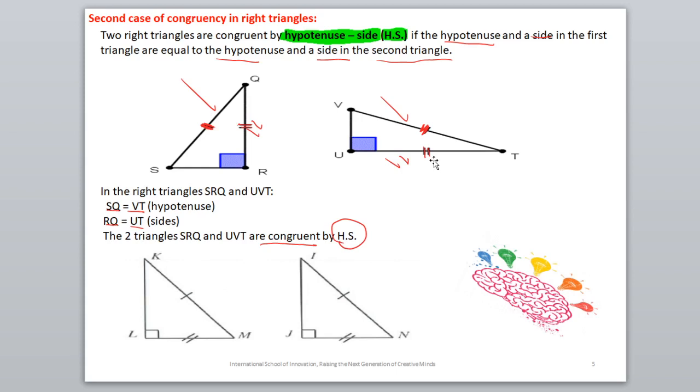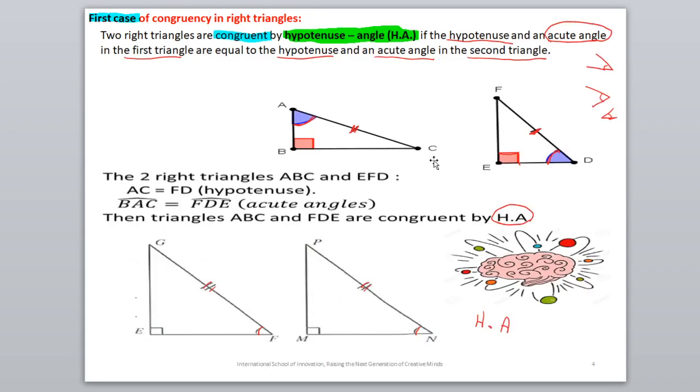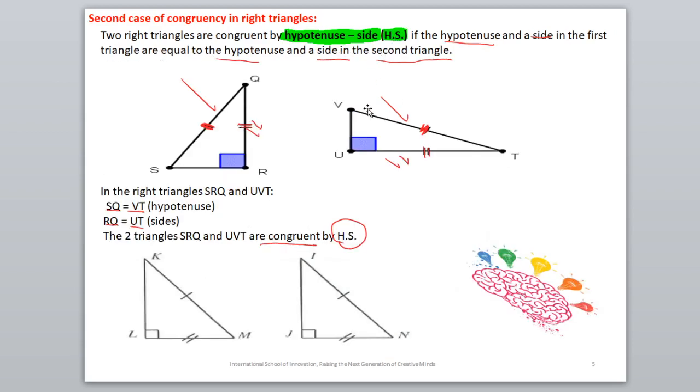In the two cases, the hypotenuse must be equal to the hypotenuse in the other triangle. But the difference is the side or angle. If we find a side equal to a side, it is hypotenuse side; an angle equal to an angle, hypotenuse angle, whichever angle it is.